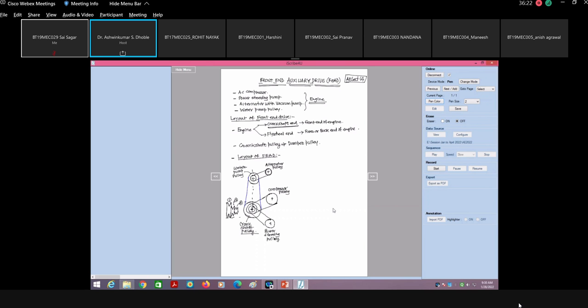Now here, what is the problem you see in this kind of layout, and what is the advantage of this kind of layout? Suppose I give you the choice. One more thing I forgot to tell you, that some kind of tensioner pulley is also provided.